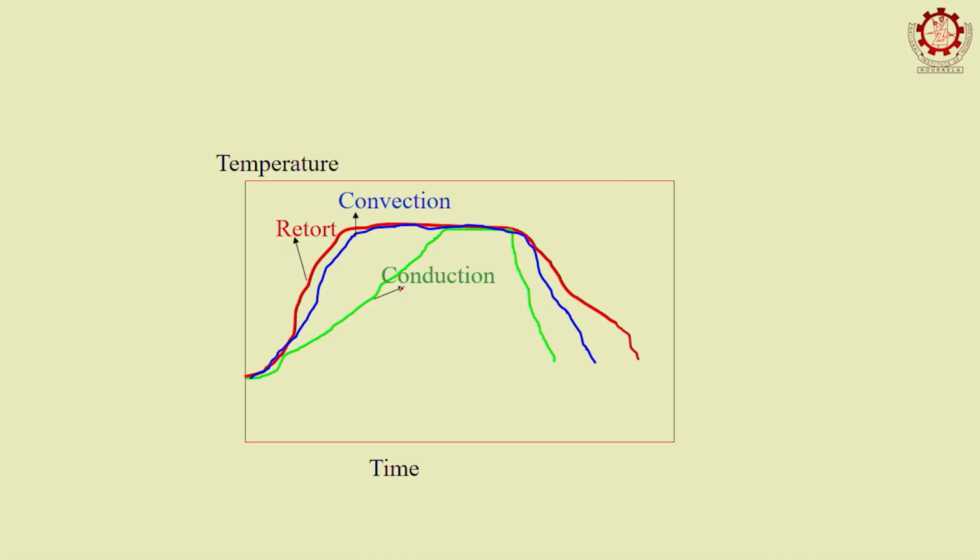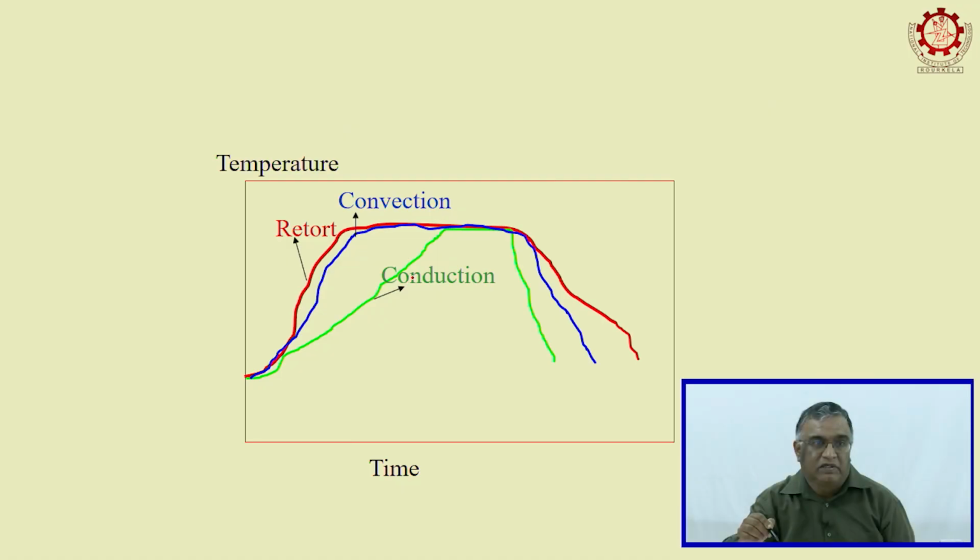So, this is the temperature distribution curves I talked about. The red one shows the temperature inside a canning retort, whereas the blue line shows a convection-heated product. So, if you have a juice, it can reach the temperature of the retort quickly, whereas if you are processing some meatloaf or something, conduction heating takes place.